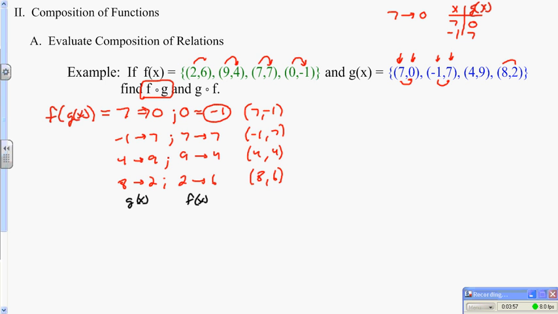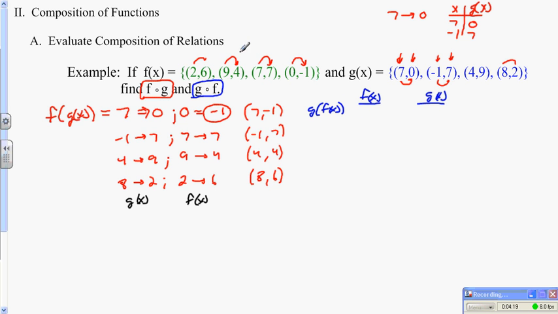Now if we switch directions, g composite f says to start with the f function and finish with the g function. In other words, it means g of f of x.